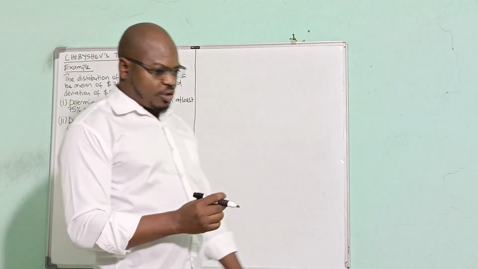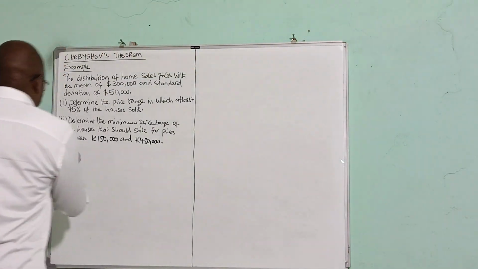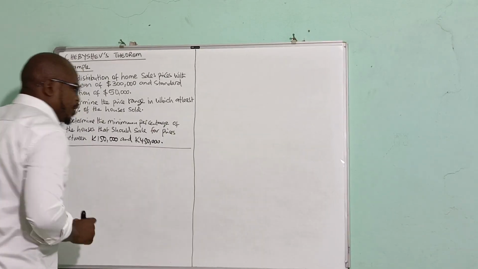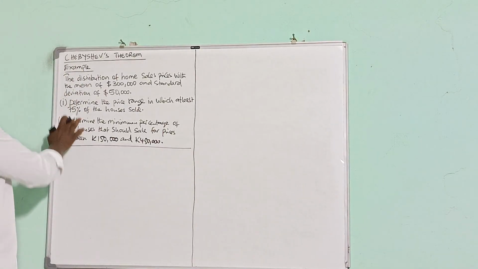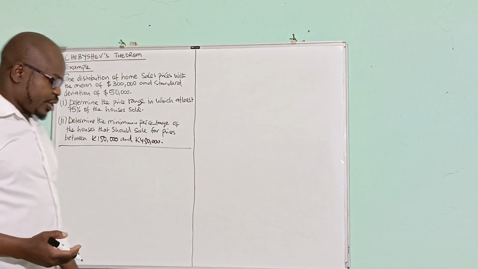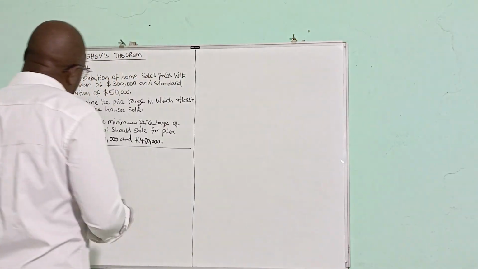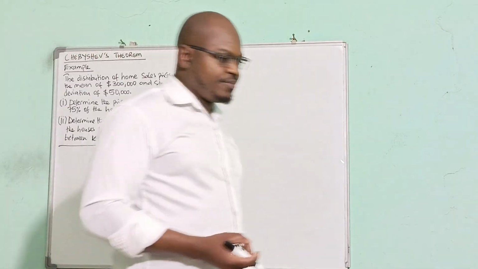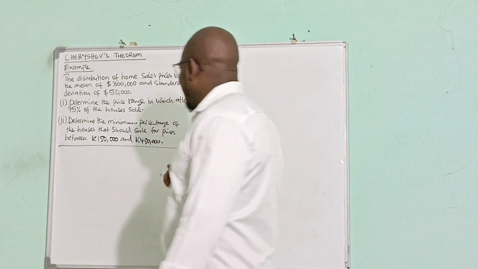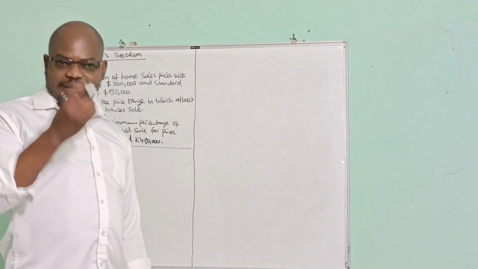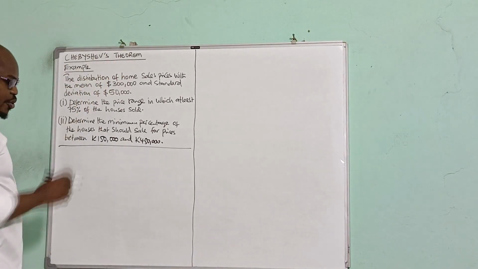Before I can begin the computation, I want to give you the formula for calculating the minimum percentage, because we use it to determine the range. So there are two formulas: the one for the range and the one for determining the minimum percentage using Chebyshev's theorem.